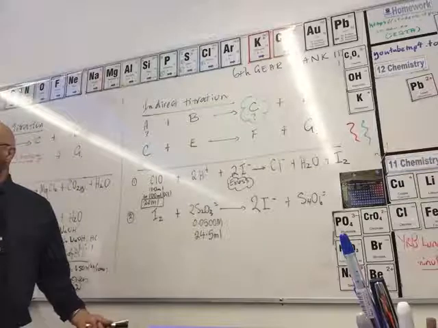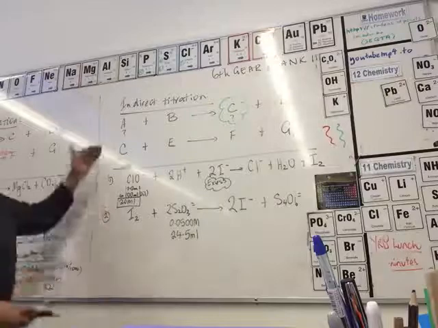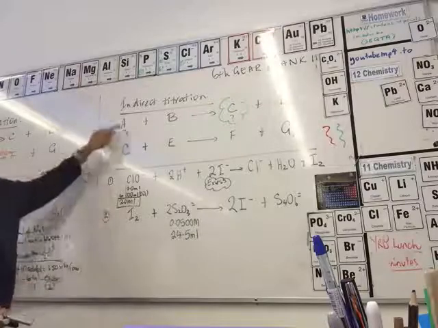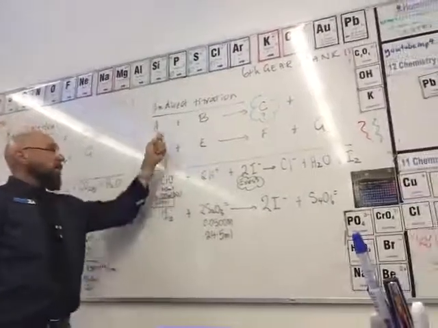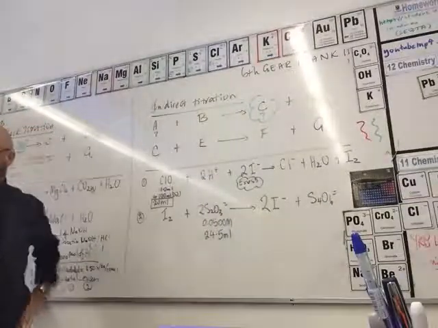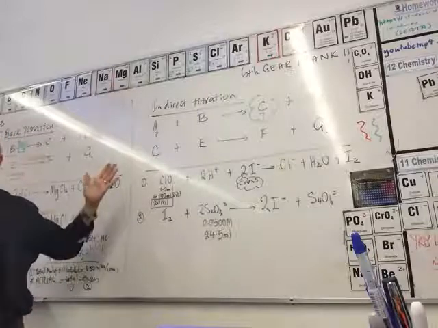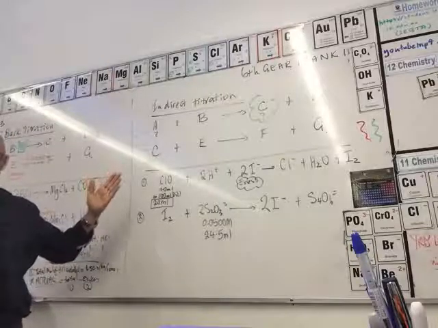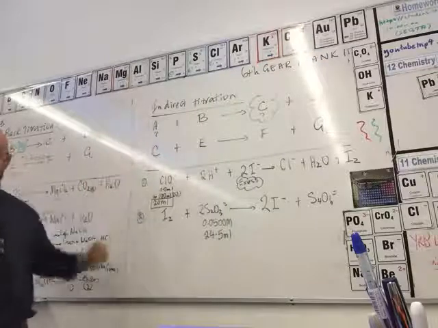This is not an equilibrium question. If I just gave you equation number 1, and if I told you I know the number of moles of C, what can you tell me about A? What's the equation tell you? A to C is 1:1.